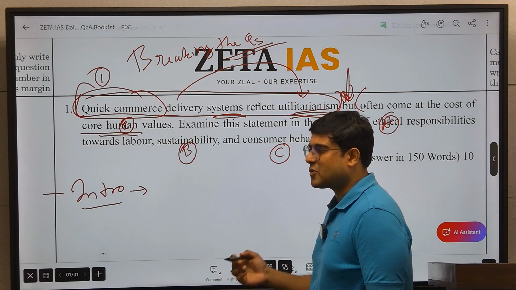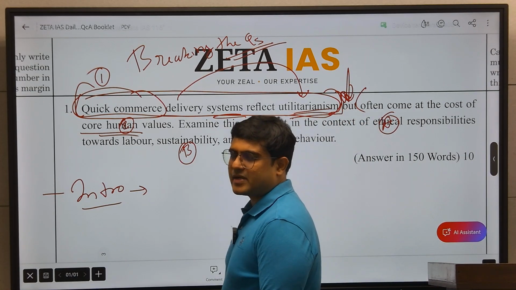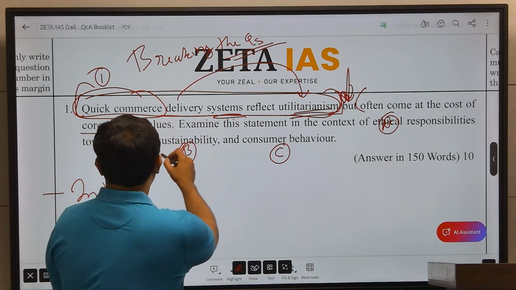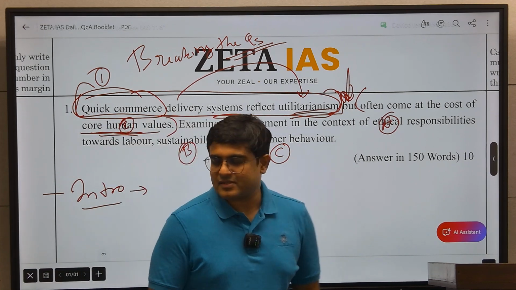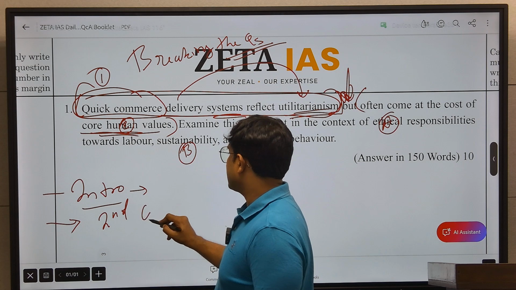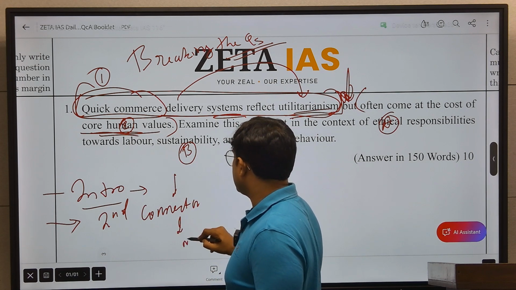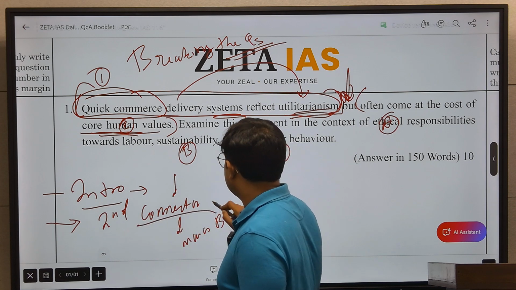So yes, that is the positive connotation which the initial statement asks, but it later says, but comes at the cost of human values. Now, below the introduction, you write about the second statement, which can be a connector between the introduction and main body. So, this second will be a connector.